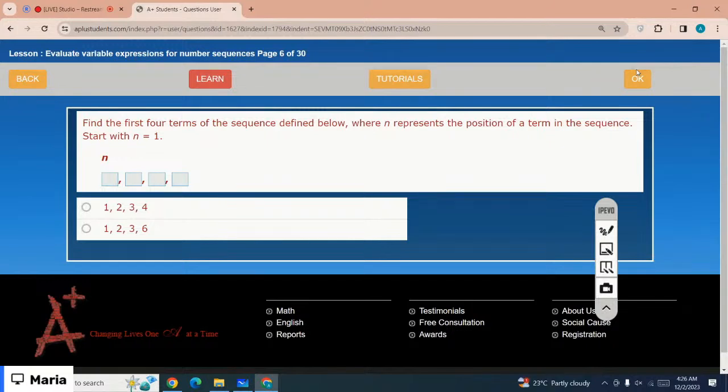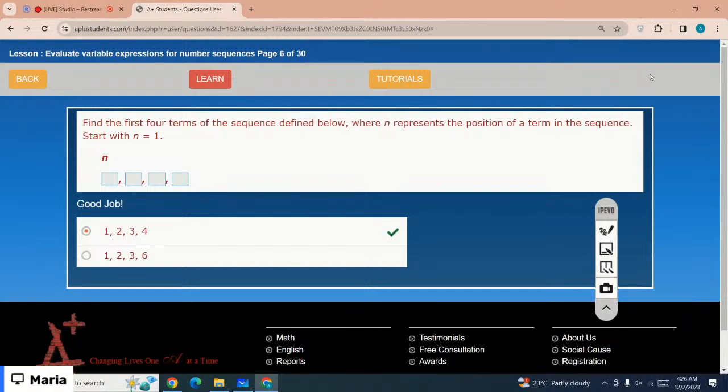Yes, the correct option is option number 1. 1, 2, 3, 4 is the correct option, right?